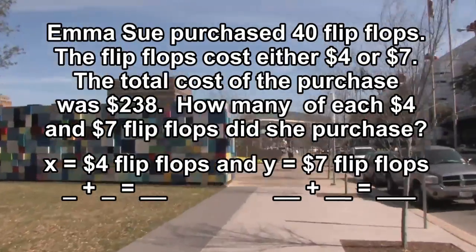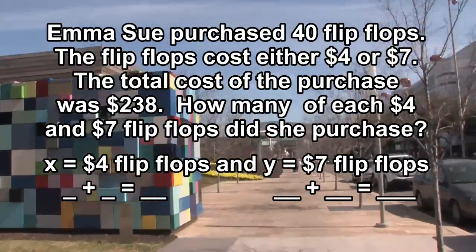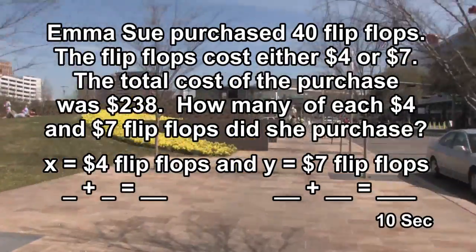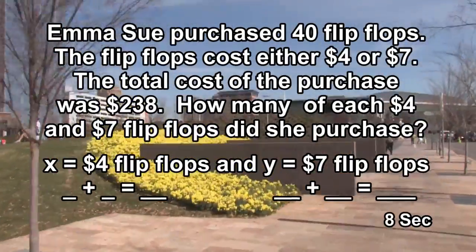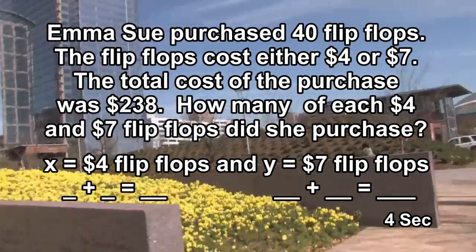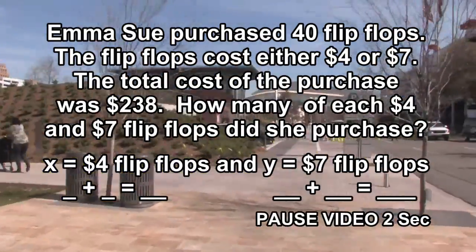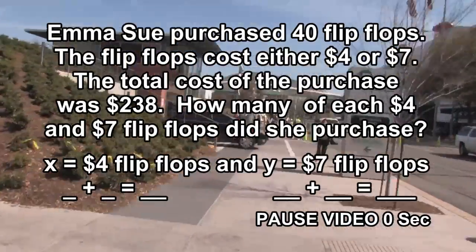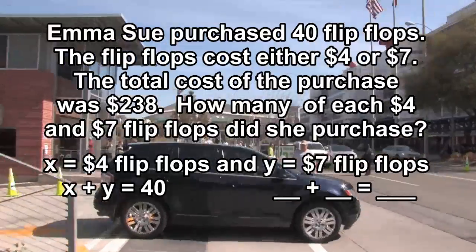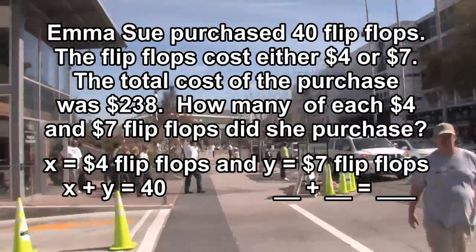First, write the two equations. Let x equal the $4 flip-flops and y be the $7 flip-flops. Emma Sue purchased 40 flip-flops, so x plus y is going to equal 40.